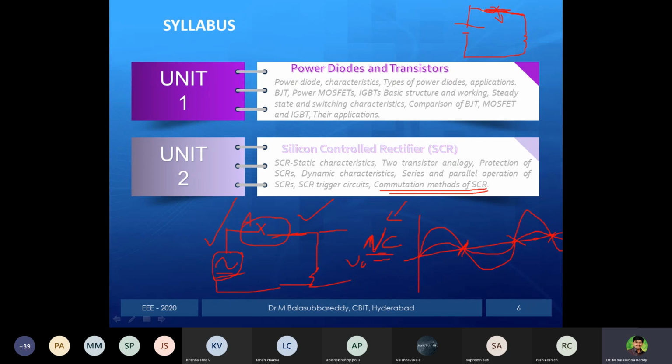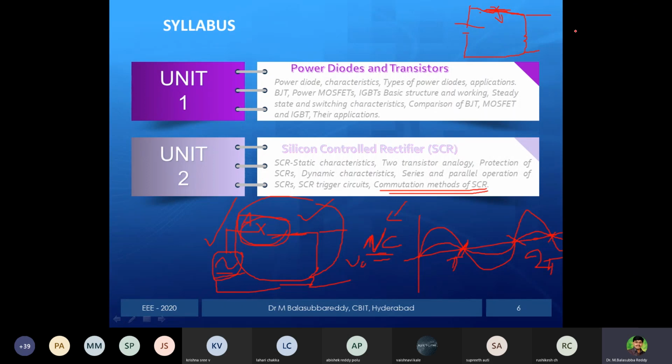The device means a switch only, I can call it an SCR. If it is closed, your output is the same as the input. Like here, if the input is AC, the device opens at pi, 2 pi, 3 pi and so on. At every such instant there is a natural 0 point, that's why the device automatically opens.